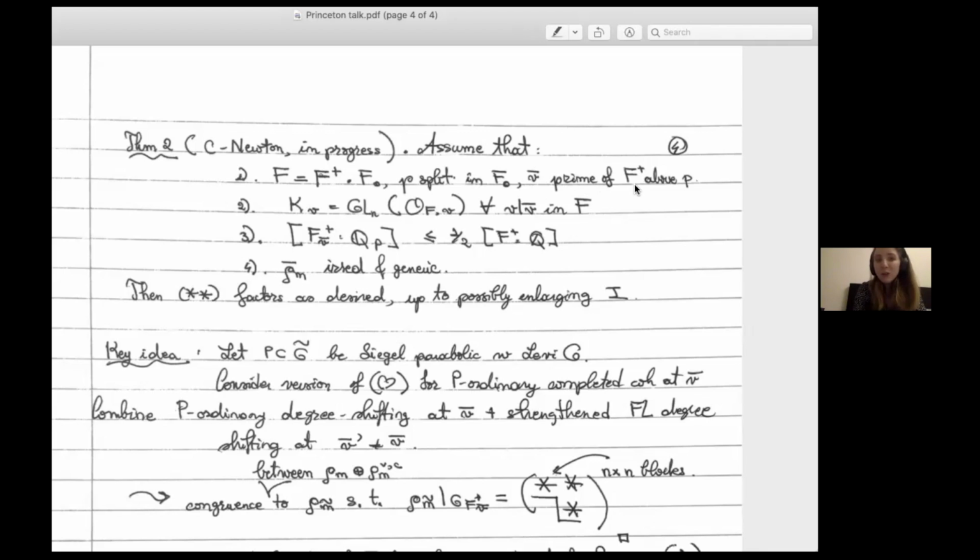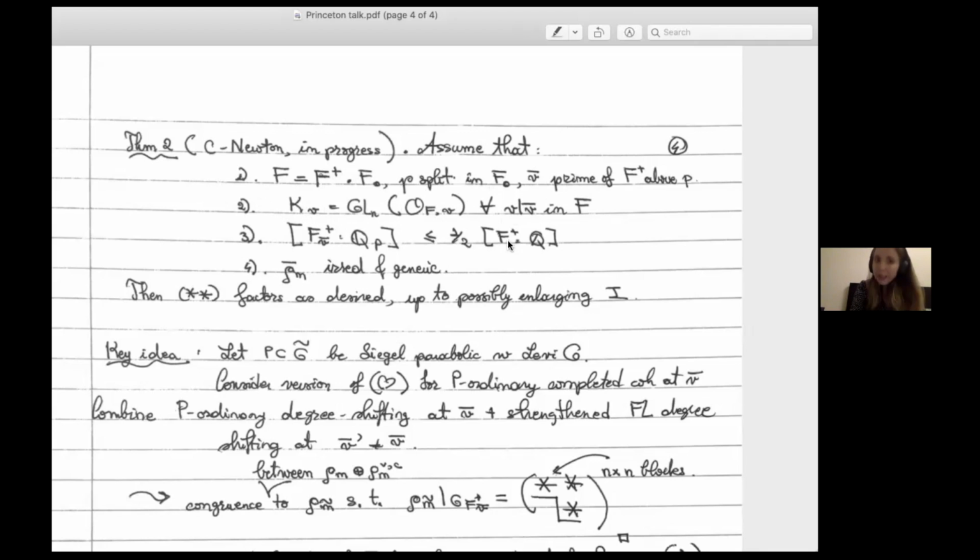Okay, and so I want to prove local-global compatibility in the crystalline case. To do that, I have to assume that my level is full at this v. So it's GL_N of O_{F_v} for the two primes above v in F. So both v and v conjugate need to satisfy this.